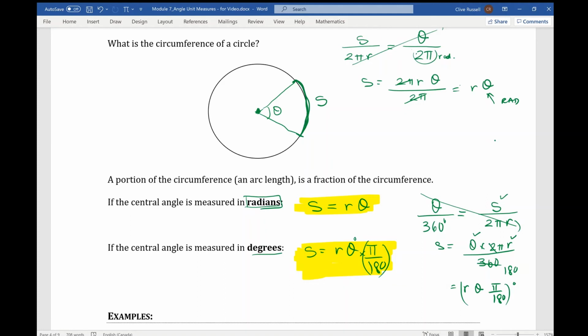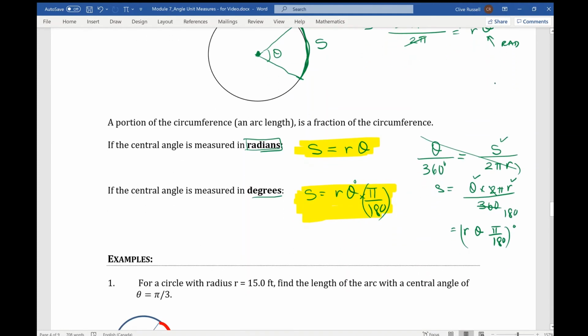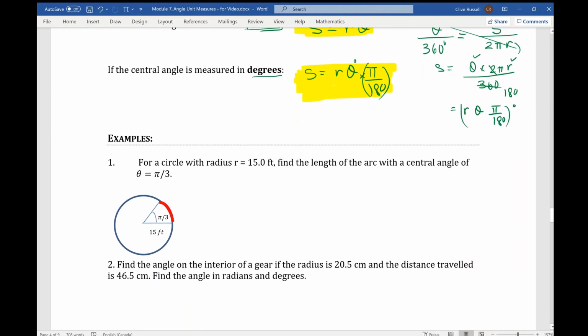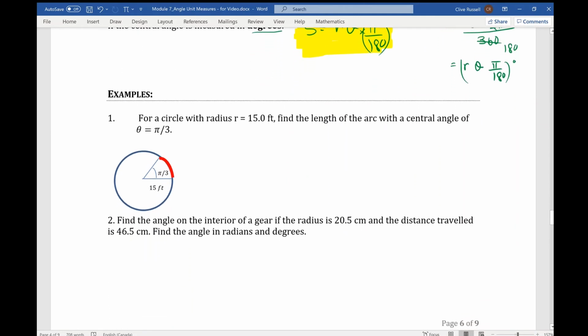So next we look at how you do an example. So let's do an example. This example says, for a circle with radius 15.0 feet, find the length of the arc with a central angle of pi by 3. So it's given there. The radius is 15.0 feet. Your central angle is pi by 3 radians, and you want to find what the arc length is.